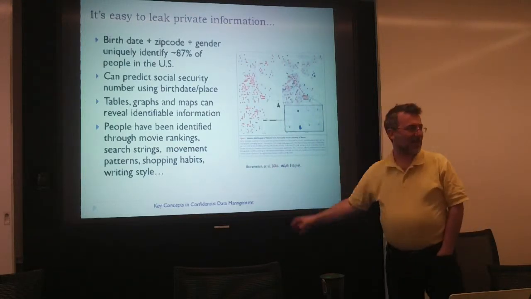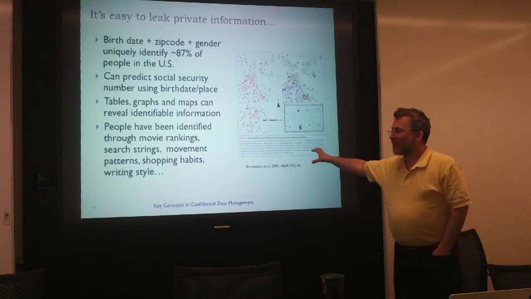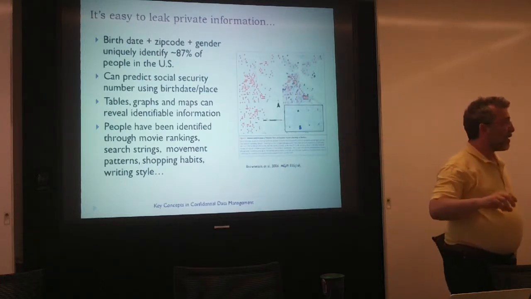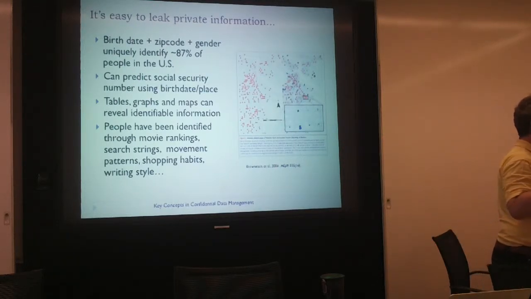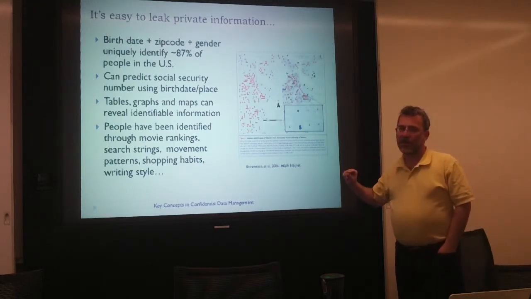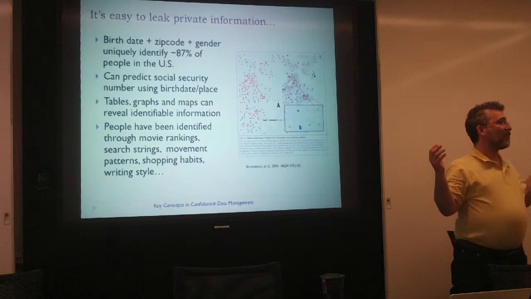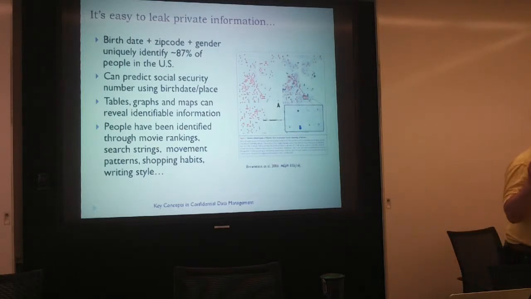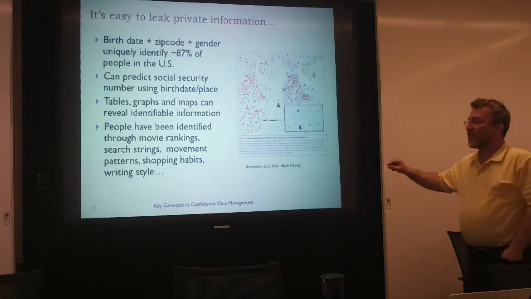Tables and graphs can be identifying. This is from the New England Journal of Medicine, where they didn't actually re-identify people, because they didn't want to find particular people. But they simulated it, and they went through the last 4 or 5 years of graphs in medical journals and asked, can we spot the sick people? And yeah, they were unique.